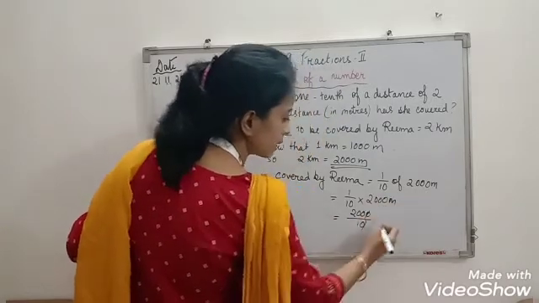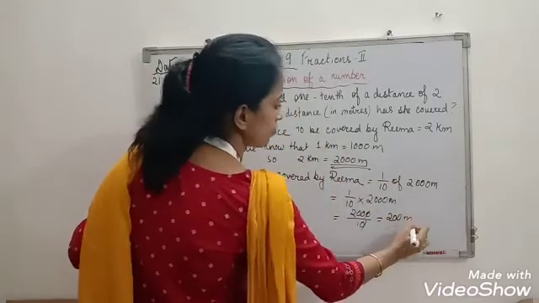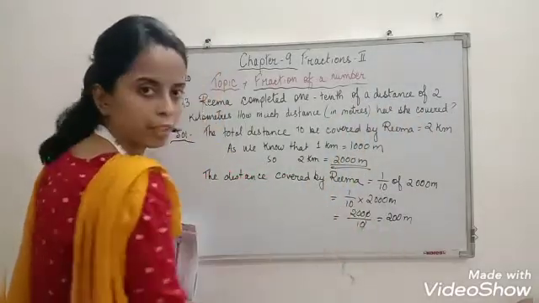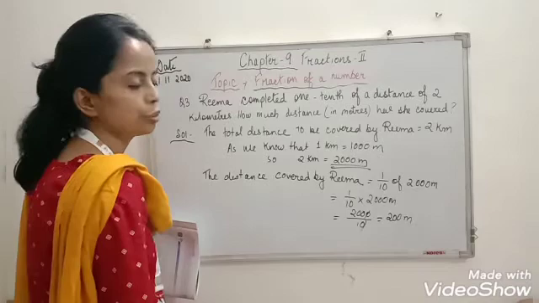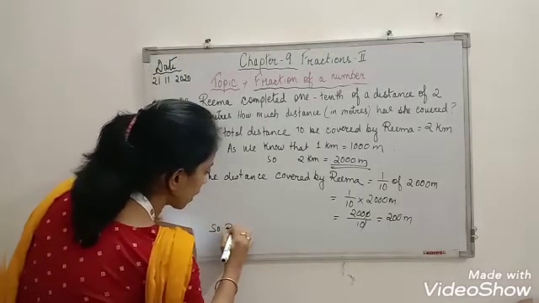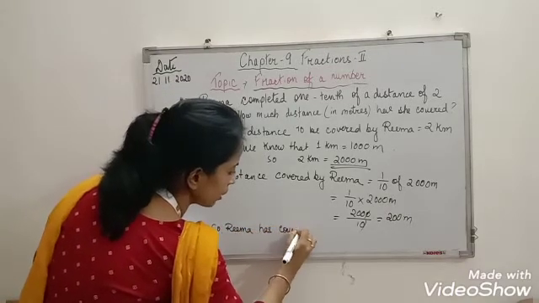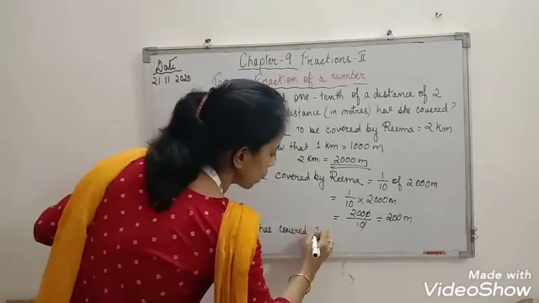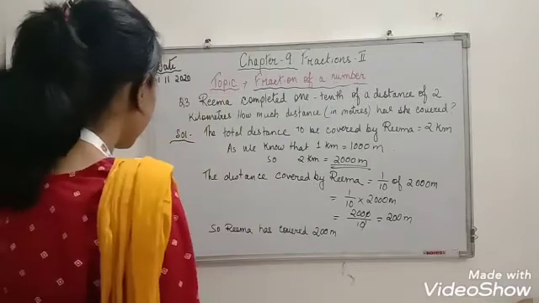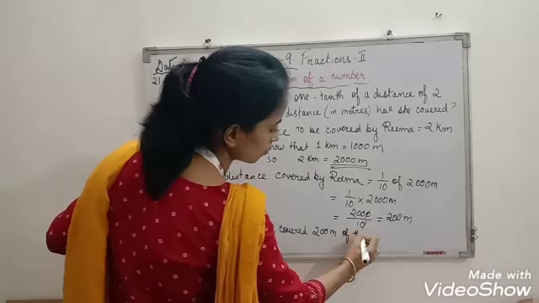You cut a 0. So how much distance in meters has she covered? So Rima has covered how much, children? Tell me now. 200 meters. Clear? So 200 meters of the distance.